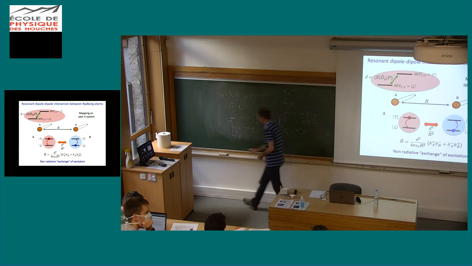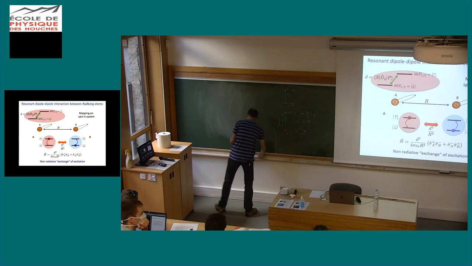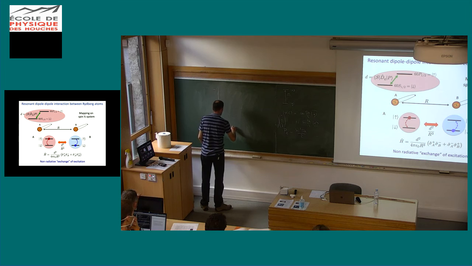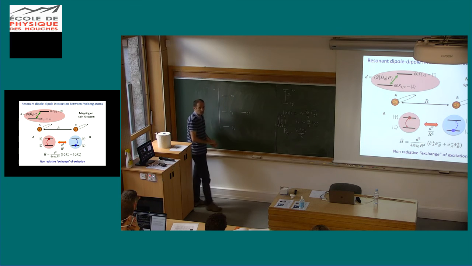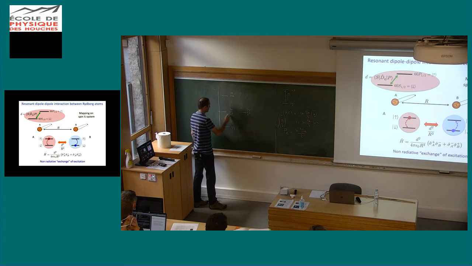You remember when this morning I did the energy spectrum, I plotted GG, EG, GE, and EE. Here you just replace the letters: this is SS, PP, SP, PS. Those two states have the same energy, and they are coupled by this d squared over r cubed.